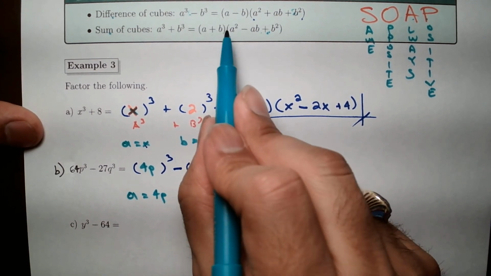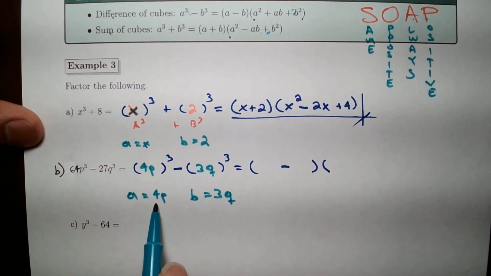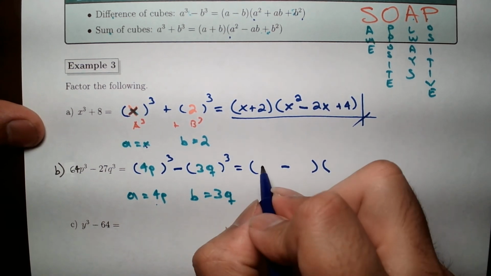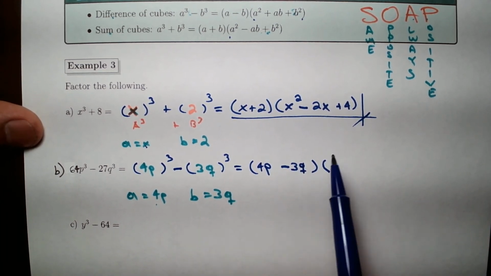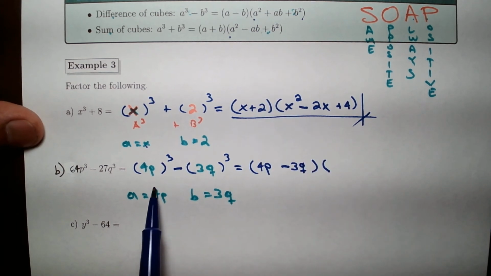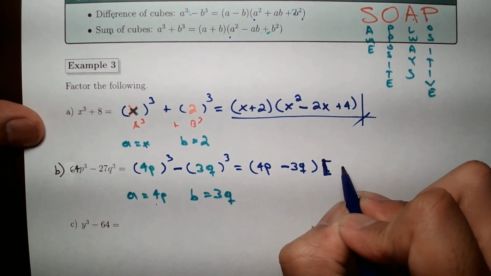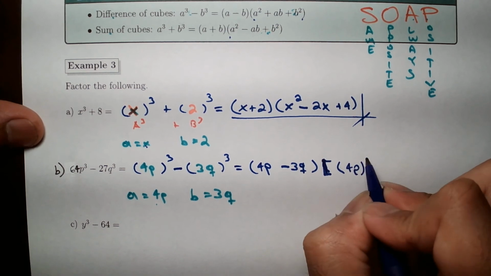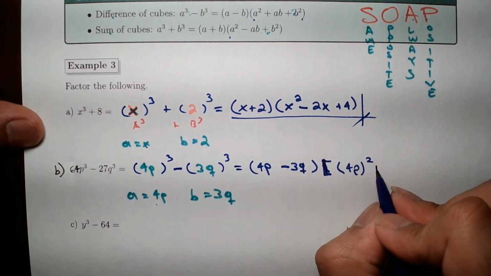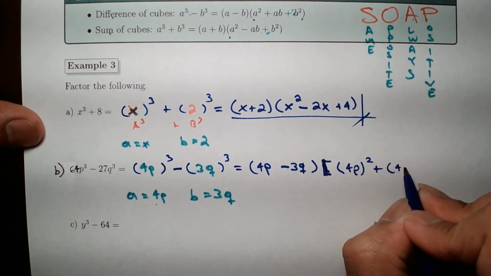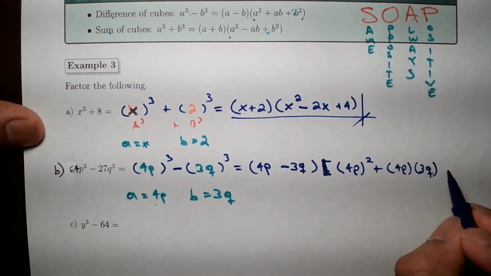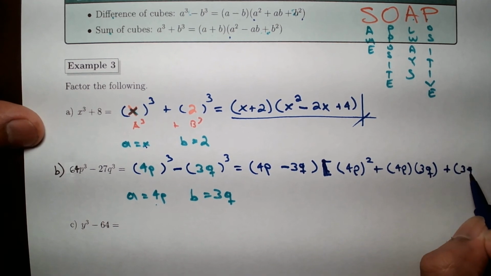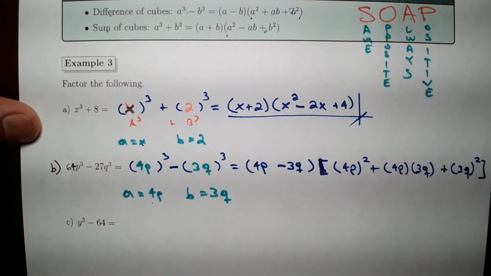So A minus B is going to be 4p minus 3q, and then, well, we need to square the A term, which is 4p, but let me put parentheses here, 4p squared, and then plus the product of A and B, which in this case is 4p times 3q, and the quantity B squared, which in this case is 3q squared.